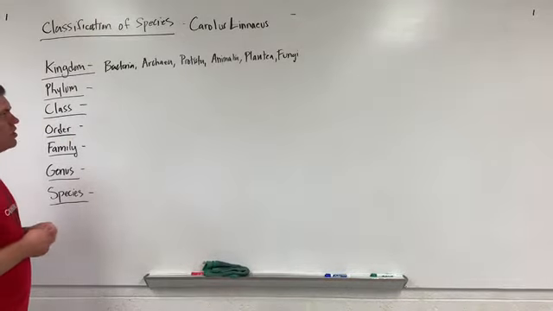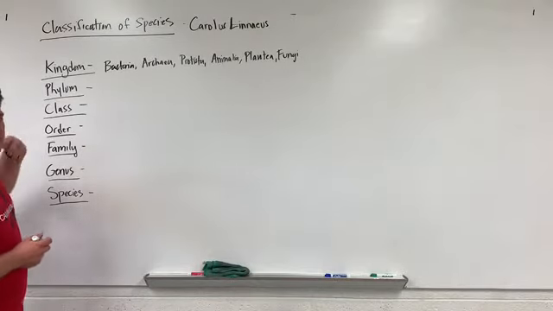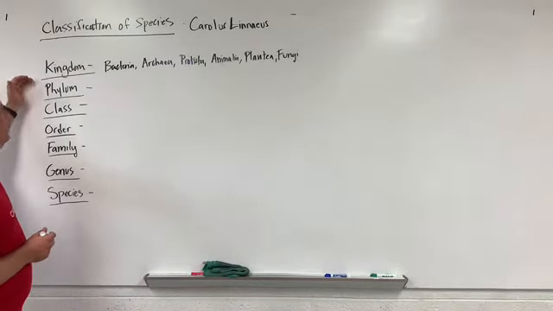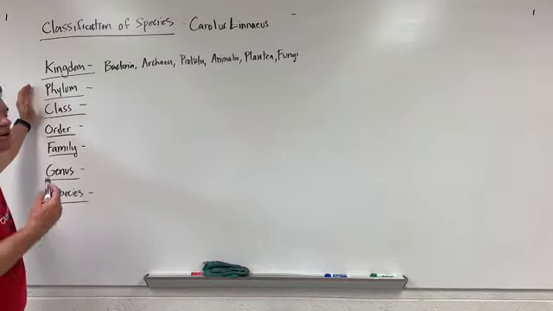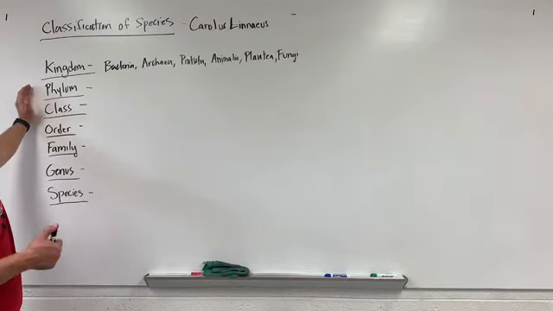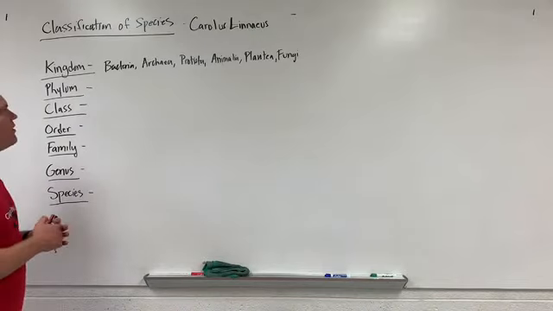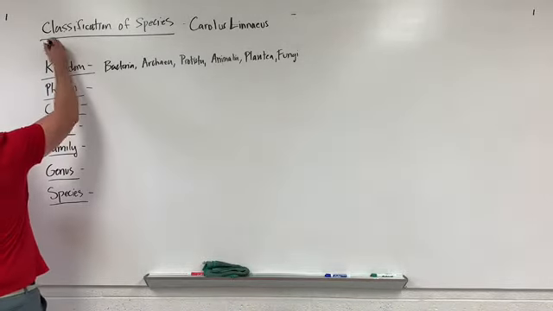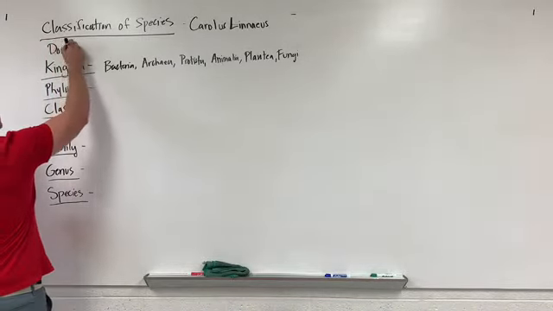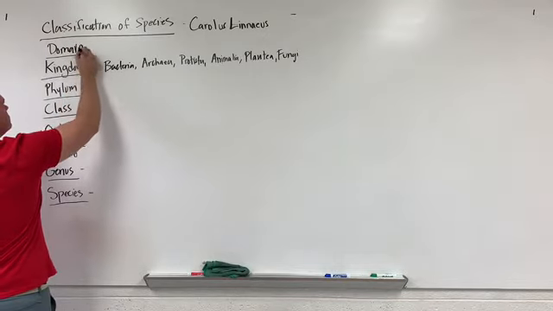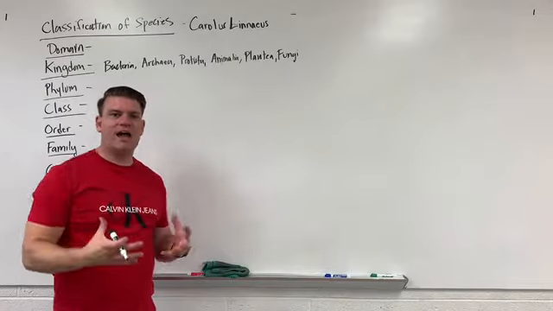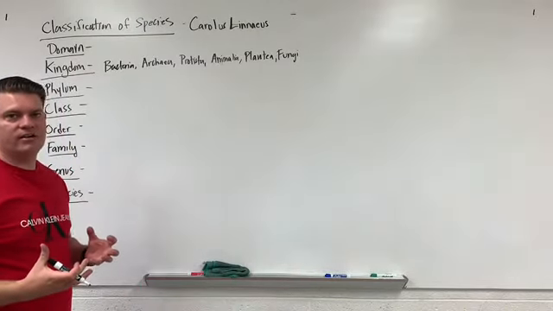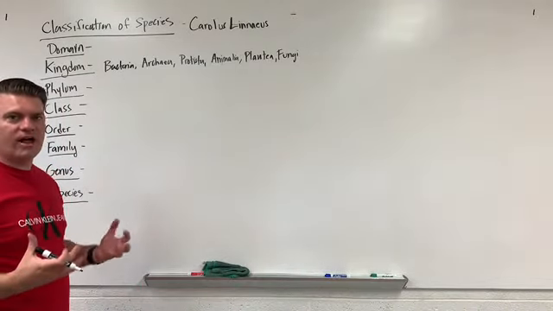All right, so recently we've added another category in our Carolus Linnaeus classification system. And that one is at the very top. We call it domain. And this idea is that there are 3 separate types of cells out there that make up all of life.